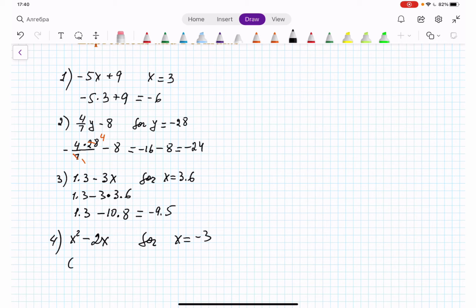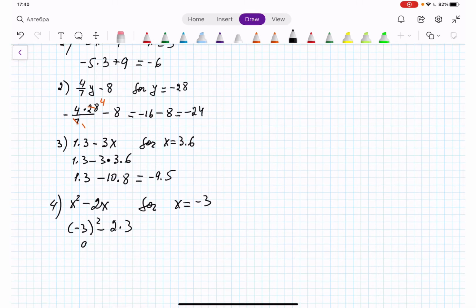Okay, and so we have negative 3 squared minus 2 times 3. So we are getting 9 minus 6. And, oh, minus negative 3, I'm sorry. This is negative 3. And we will end up with plus 6. So result will be 15.